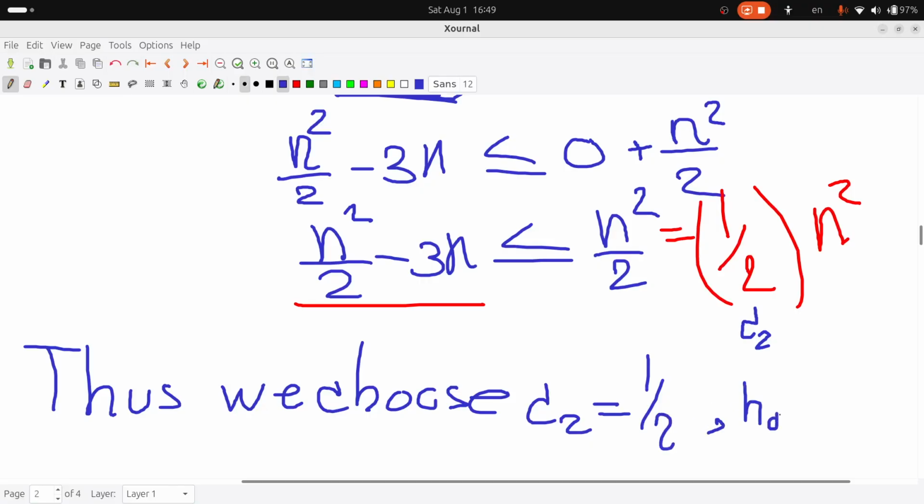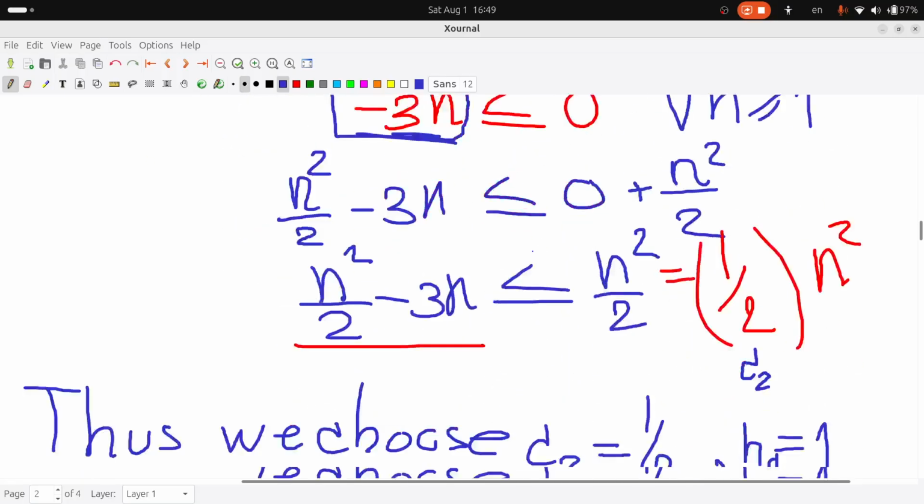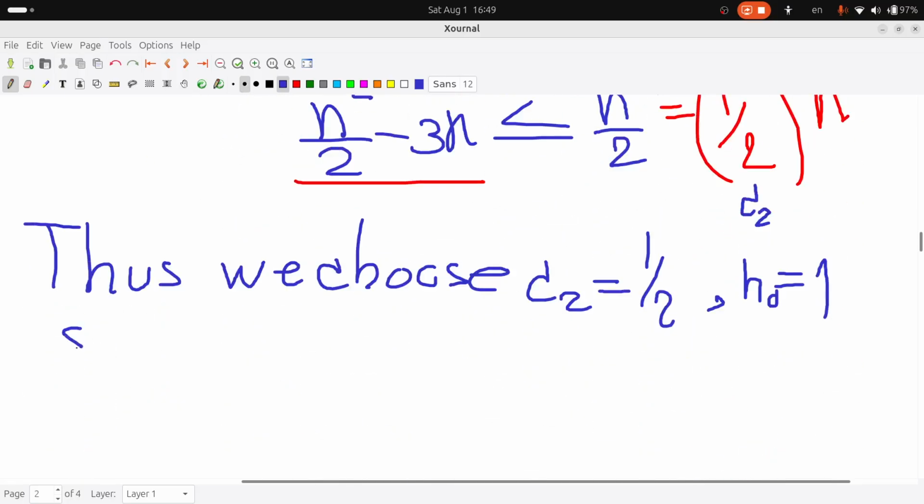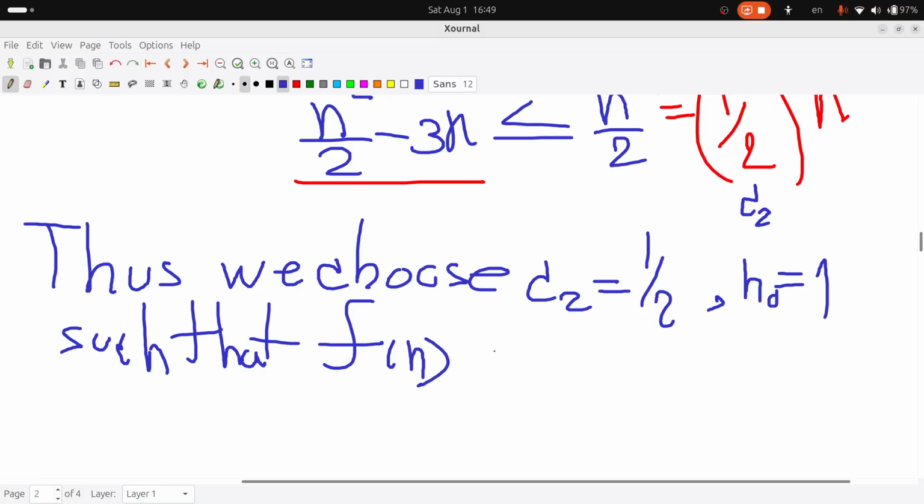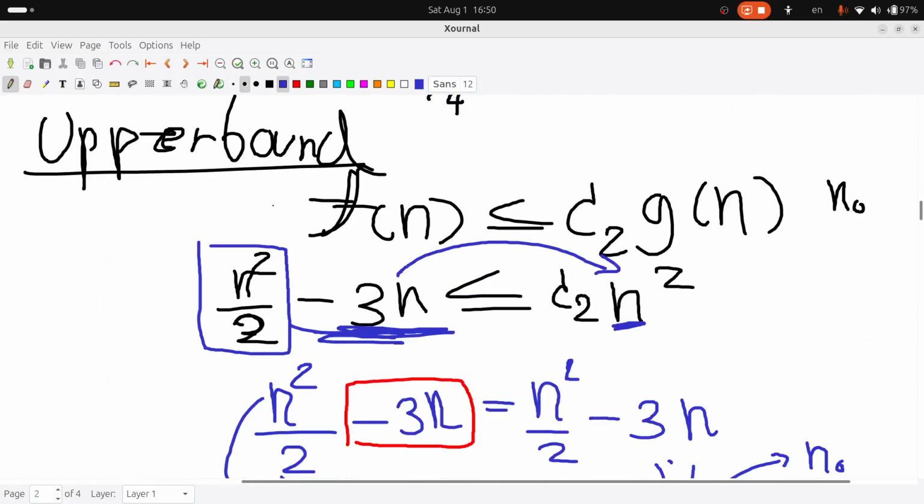And the starting point of this upper bound is 1. So that Fn is always less than or equal to C2 of Gn. And we got our upper bound that is easier than the part of lower bound.